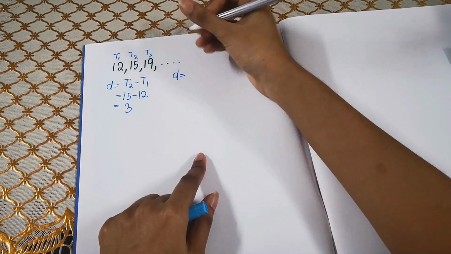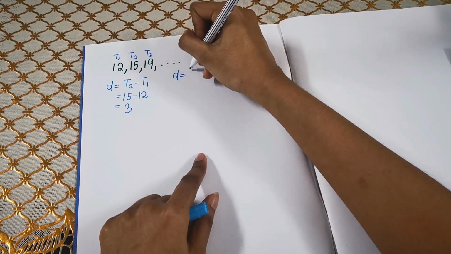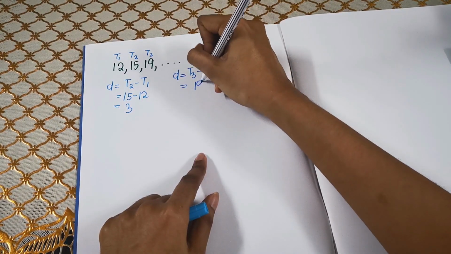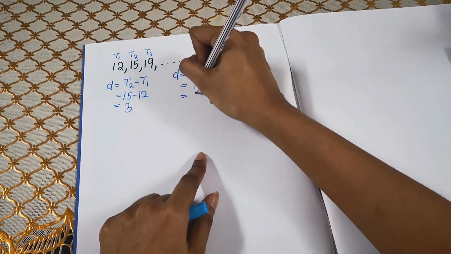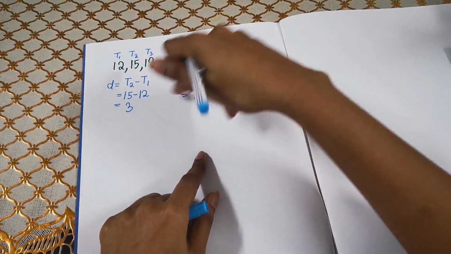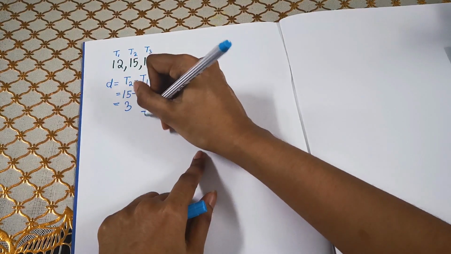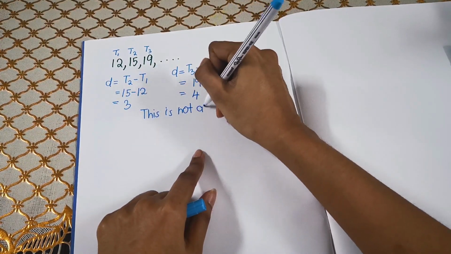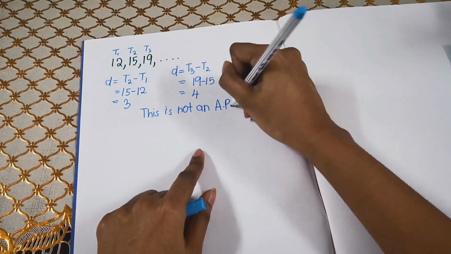Find another common difference. You have to find two common differences. So another one, we take T3 minus T2, 19 minus 15, which we get 4. Are the common differences the same? No. So this is not an AP. This is not an arithmetic progression.